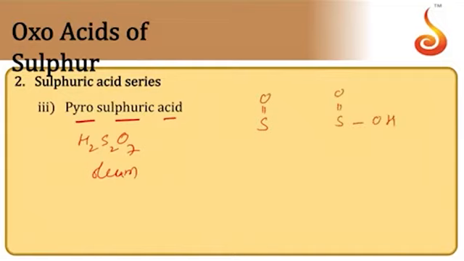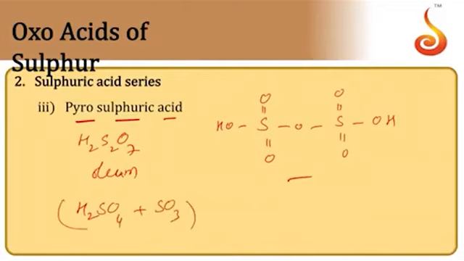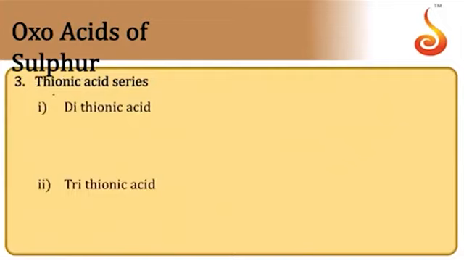There must definitely be 2 OH groups altogether, and we are still left with oxygen atoms. It has an odd number of oxygen atoms, so one comes in between the two sulfurs. So this is the H2S2O7 oleum structure. Oleum is actually supposed to be a mixture of sulfuric acid plus sulfur trioxide, H2SO4 plus SO3. Then comes the thionic acid series now. The thionic acid series contains sulfonic groups.